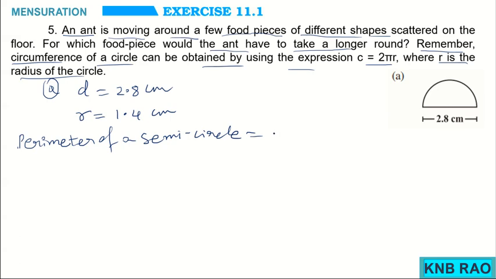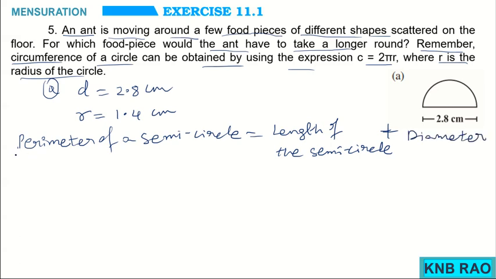Okay. So the length of the semicircle added to the diameter gives the perimeter of the semicircle. That means the length of the semicircle is, if circumference is 2 pi r, half of it is pi r, added to the diameter.